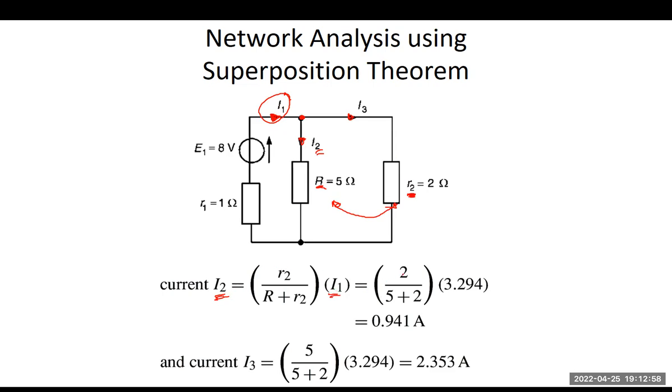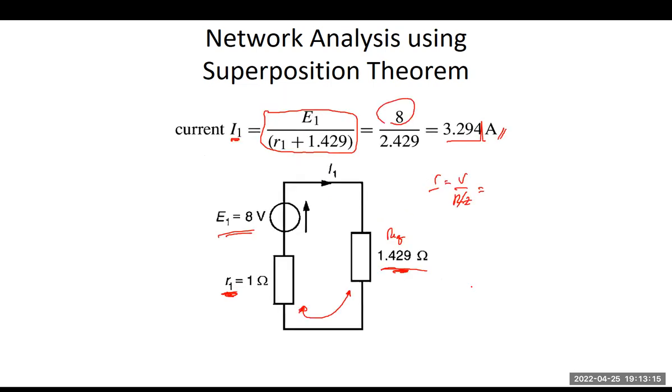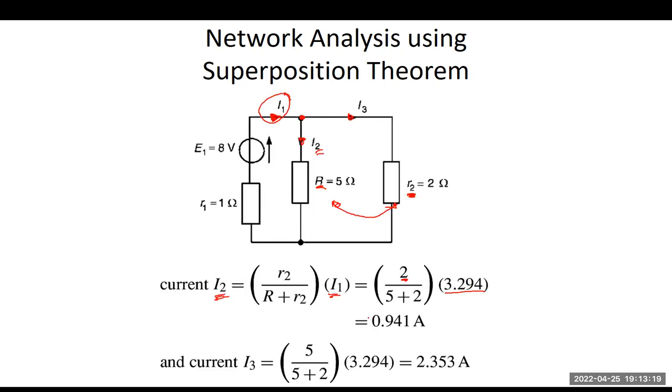Substituting, R2 would now be 2 over 5 plus 2, multiplied by 3.294. So that was the current that we have determined from I1. Therefore our I2 now would be equal to 0.941 amperes.